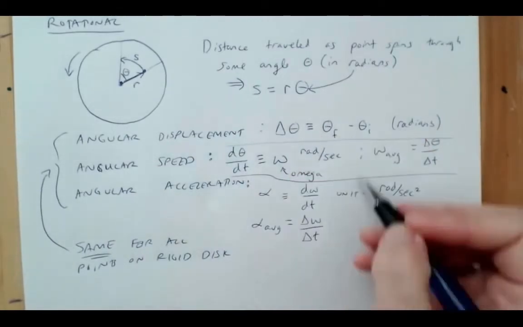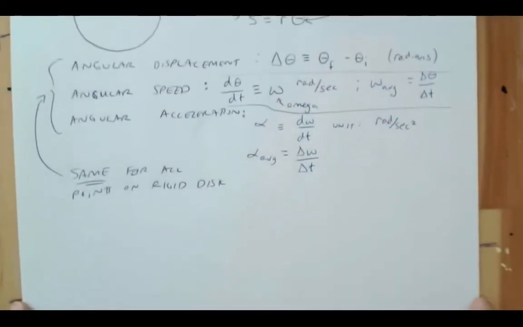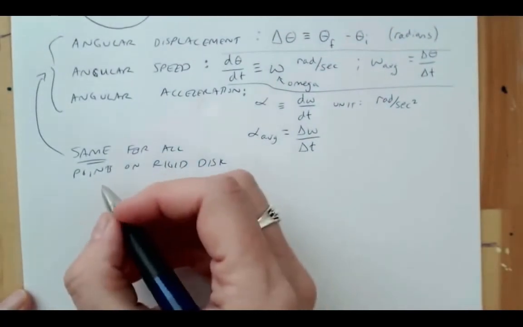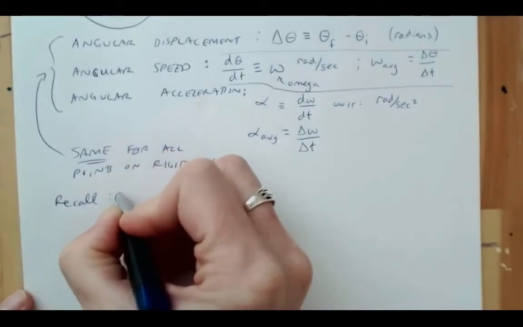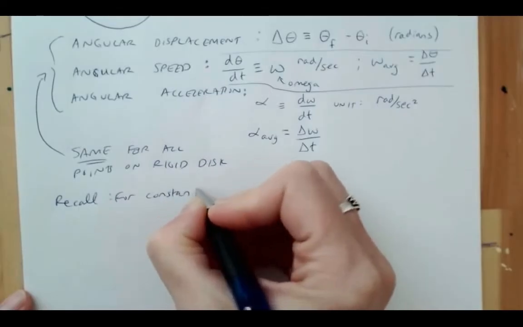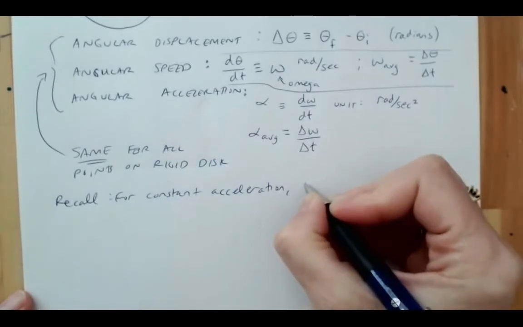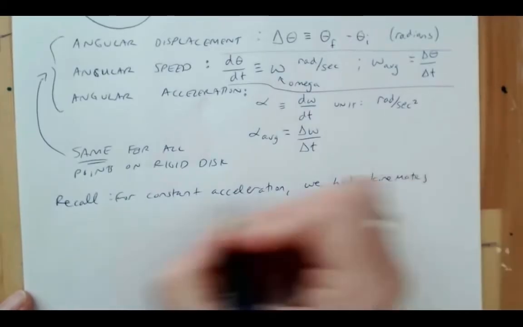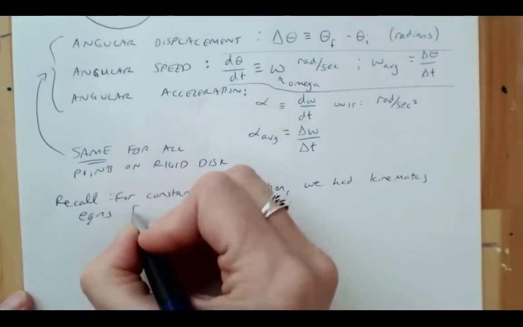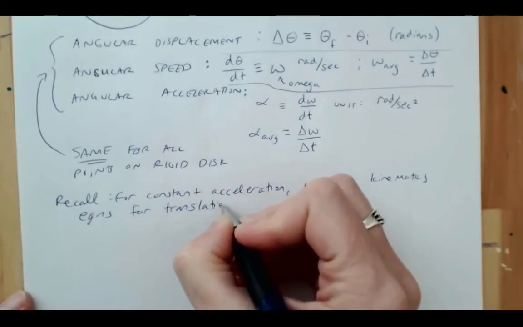All right, so you have all of these ideas for displacement, speed, and acceleration, and we had our kinematics equations for translational motion. So we want to recall that for a constant acceleration, we had the kinematics equations for now what we call translational motion.